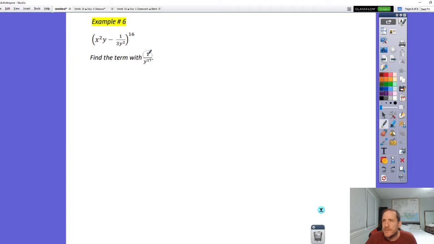Find the term that has a 1 over y to the 17th. Fine, I will. Alright, we need our 3 pieces. So it's going to be 16 choose something that I don't really know yet. It's going to be an x squared y to some power, and it's going to be a 1 over 3y squared.